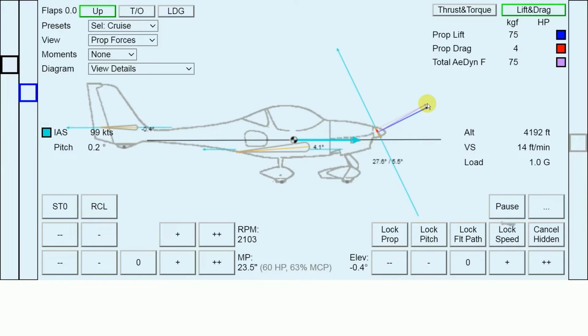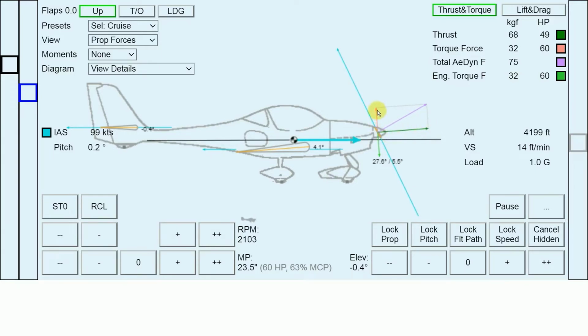And now comes the trick that is shown in the thrust and torque view. This view splits the total aerodynamic force into thrust and torque. That works because you can split the force in any way you want to obtain the components you are interested in. Now thrust points into the direction of the propeller shaft and pulls the aircraft forward.